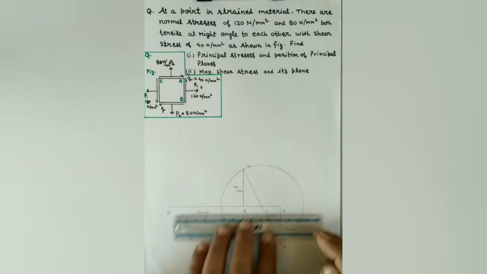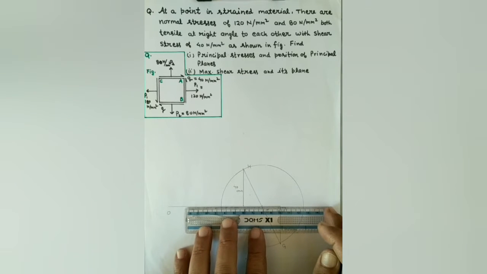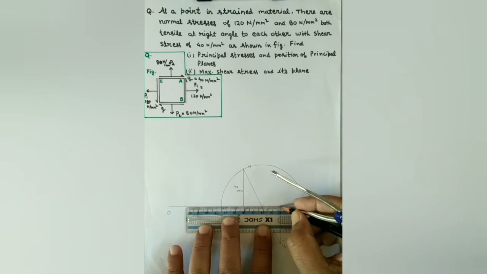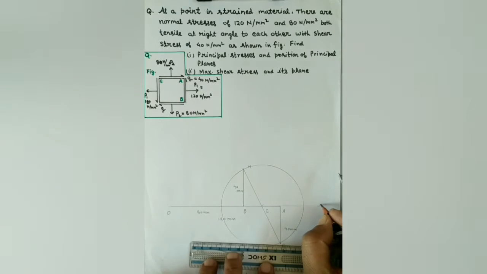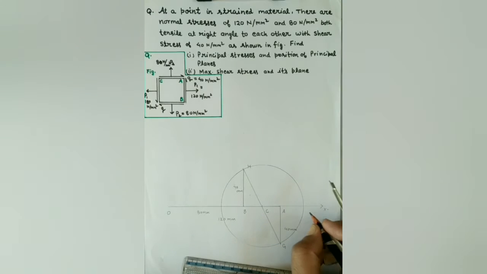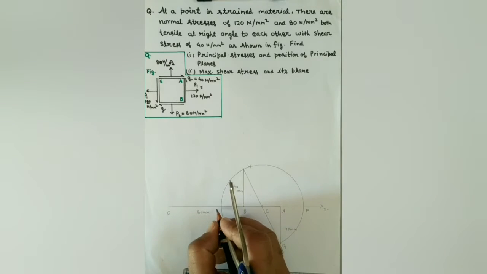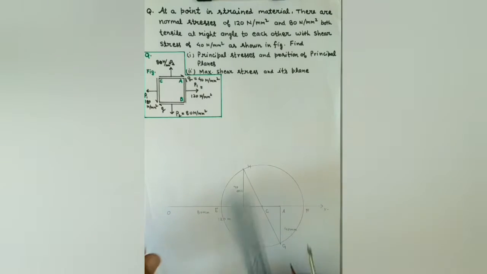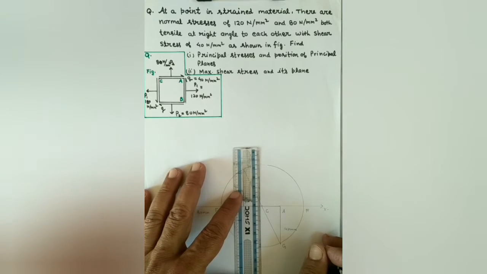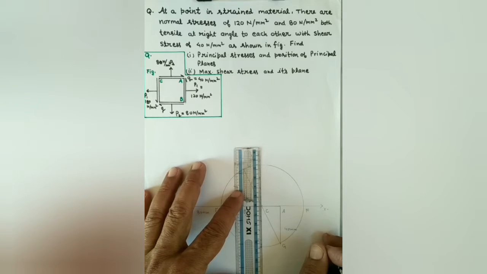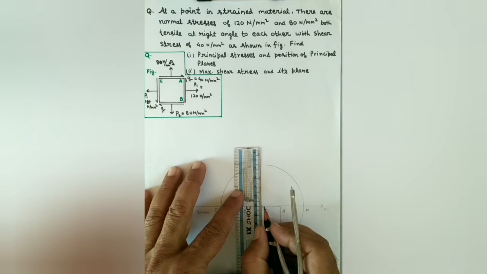Now the principal stresses are shown on the x-axis at the intersection of the circle. The point farthest from the origin represents the sigma max or the major principal stress, and the point on the periphery of the circle nearest to O represents the minor principal stress. Shear stress is shown on the Mohr circle diagram in vertical direction.